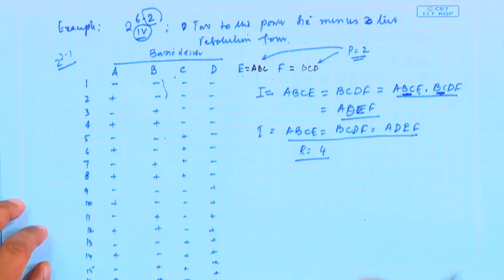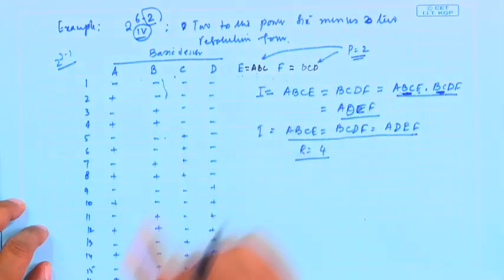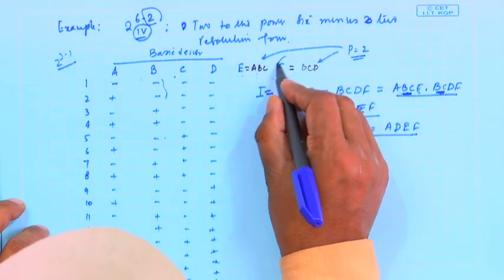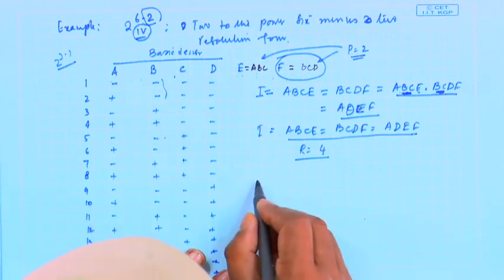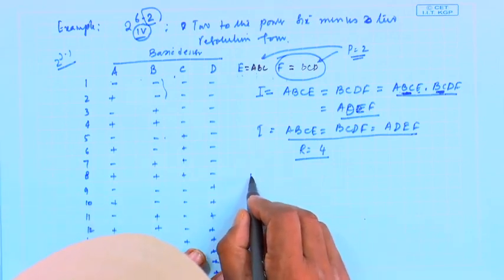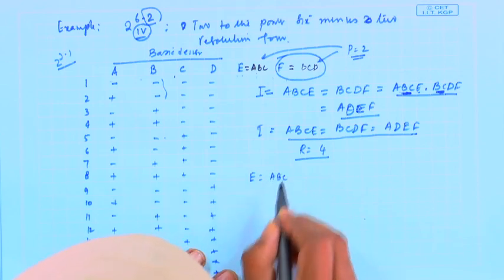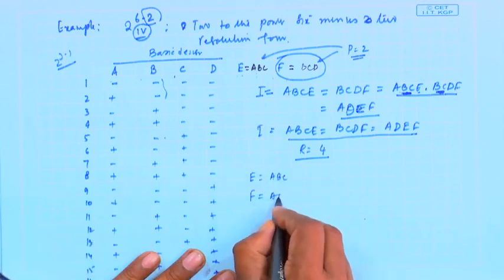Now, instead of F equal to BCD, suppose you choose generators like this: E equal to ABC and F equal to ABCD.